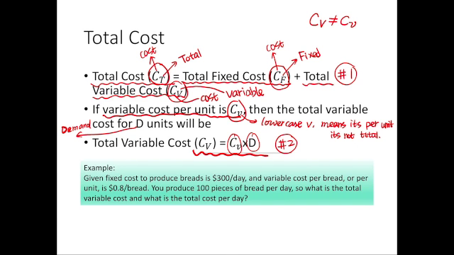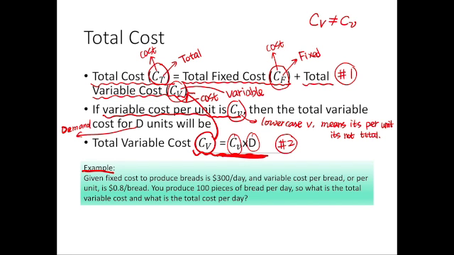So in that case, you have to calculate the total variable cost CV first using this function, number two function, okay? And then you insert it back into function number one, and then calculate the total cost. Make sense? So give yourself a second to digest this, and then let's read this example.